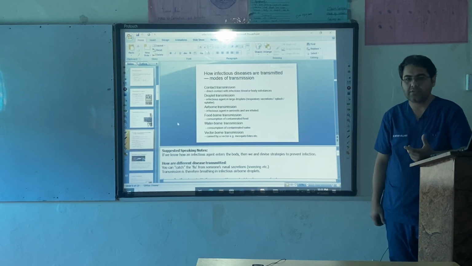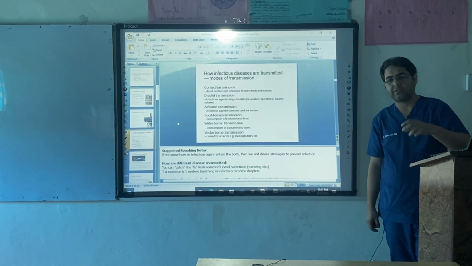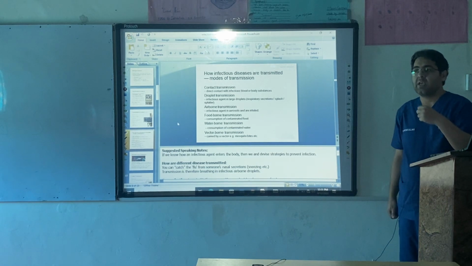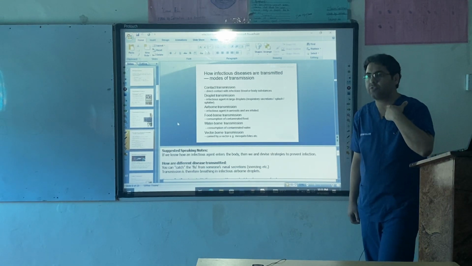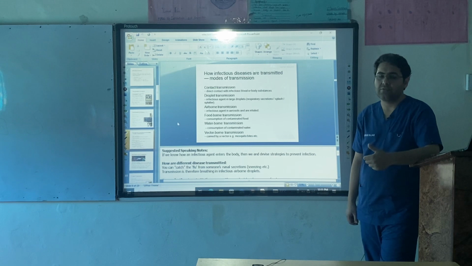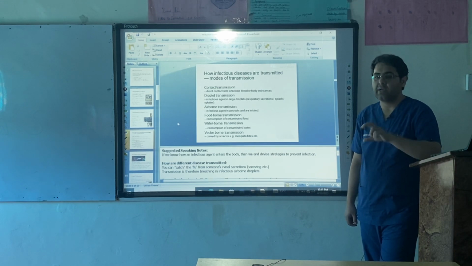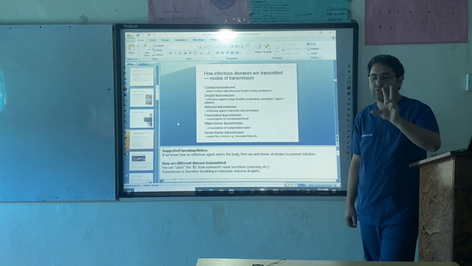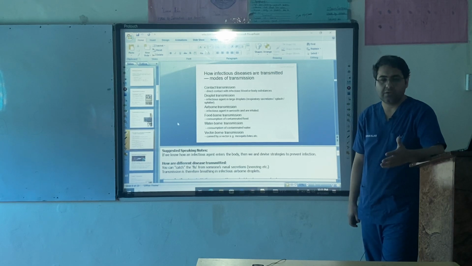While doing this, you have to be careful not to contact these secretions. Sometimes, if a person has a tracheostomy tube in situ, he can cough, and while coughing he can throw his sputum on you. These are all practical things.